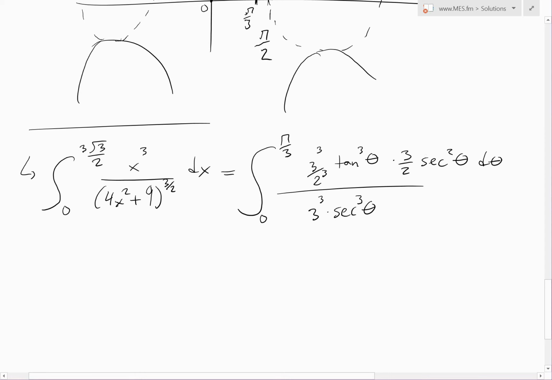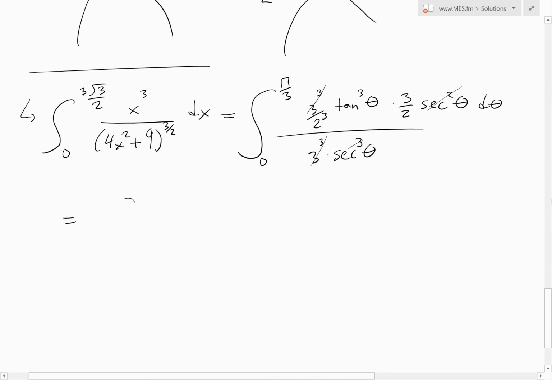So now that we have this, we could cancel this part right here and this part. Then this 2 to the 3 will add up with this 2 to be 2 to the 4. And now this can cancel, and this will cancel, we're just left with 1 secant theta. So this all equals the integral from 0 to pi over 3.